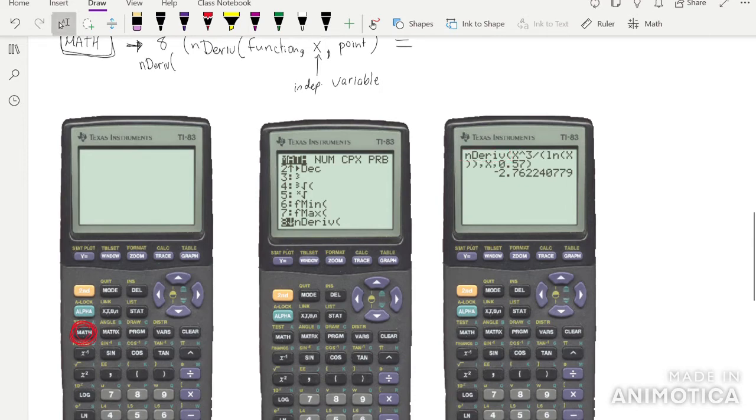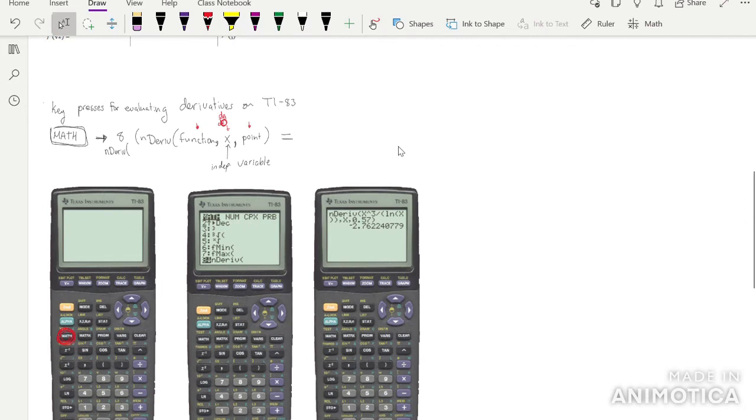For example, they gave us f of x equal to x cubed over ln of x, and they wanted f prime at 0.57. In this case, x is our variable.